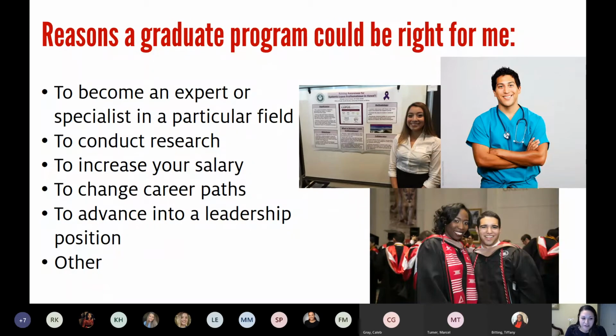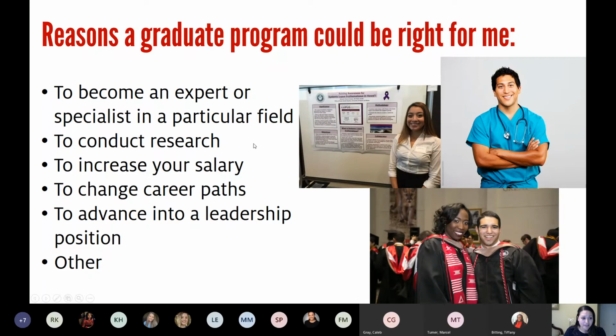So maybe this could be a good way for me to extend the timeline. But I really want to challenge that, because when you really think about graduate programs, they are so specialized and so niche into a specific career that it can pose different challenges later on if you utilize a grad degree as that waiting game or expanding or extending your timeline.